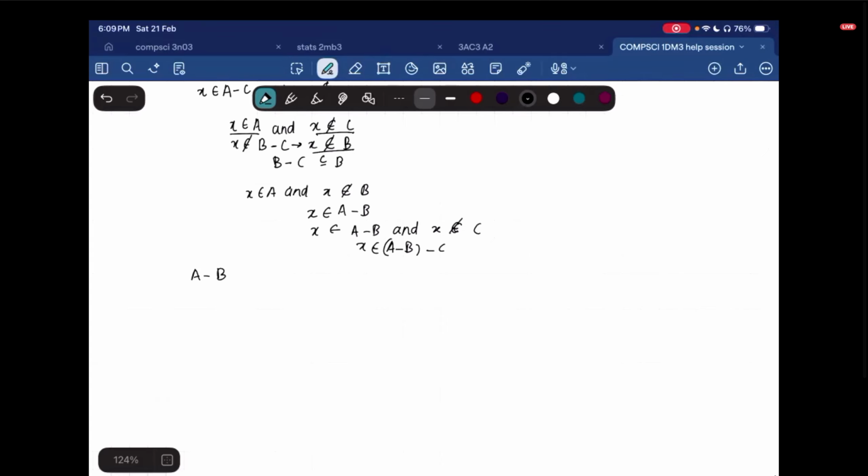So A minus B is also the same thing as A intersection B complement. That tilde there is complement. I think also you can do the line on top if anyone's confused.